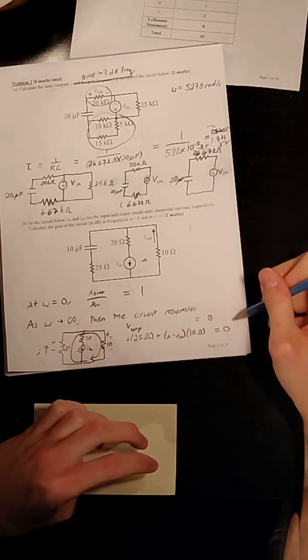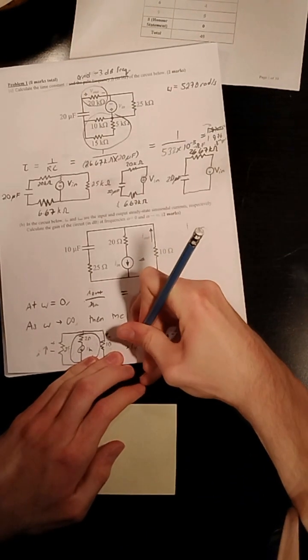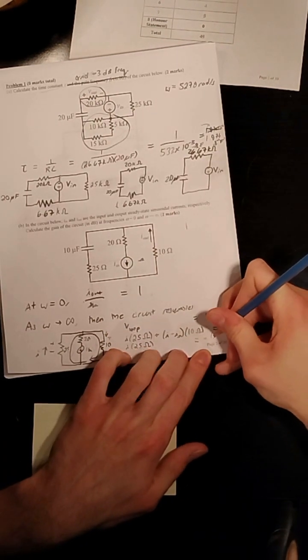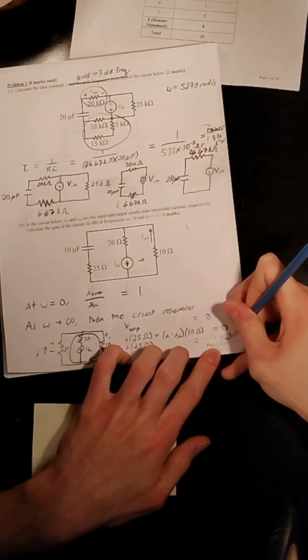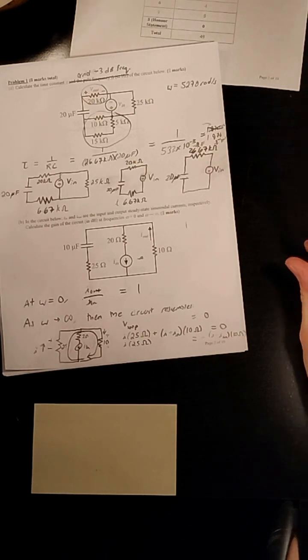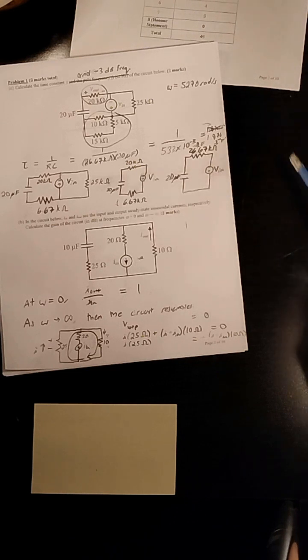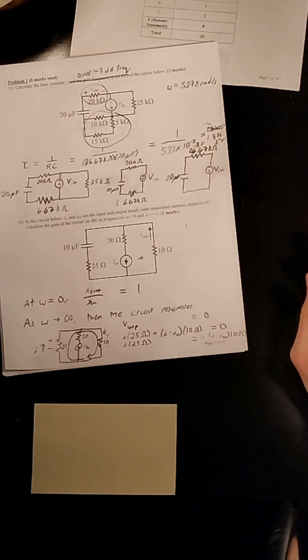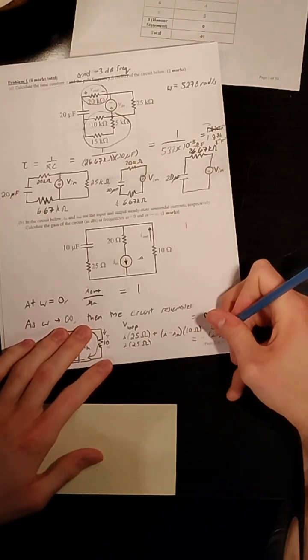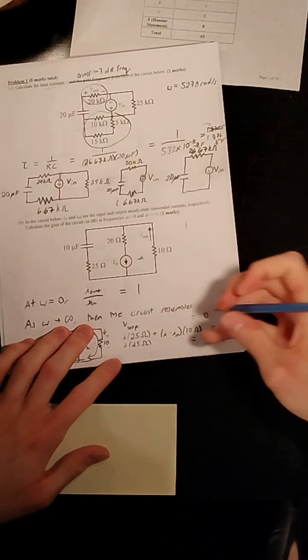Should be able to move this to the other side, so you get I times 25 ohms is equal to negative I minus I in times 10 ohms. And then you can divide both sides by 25 ohms and I minus I in.